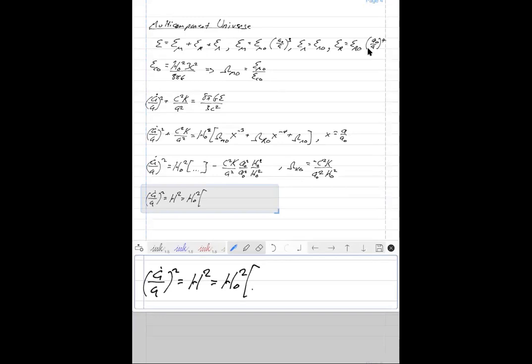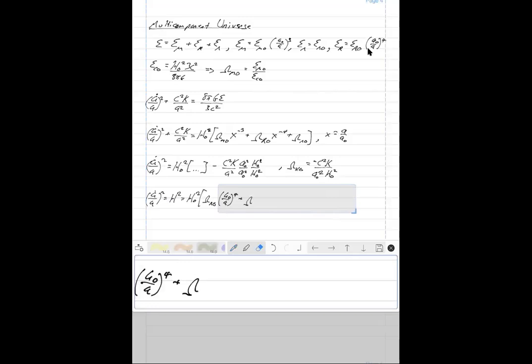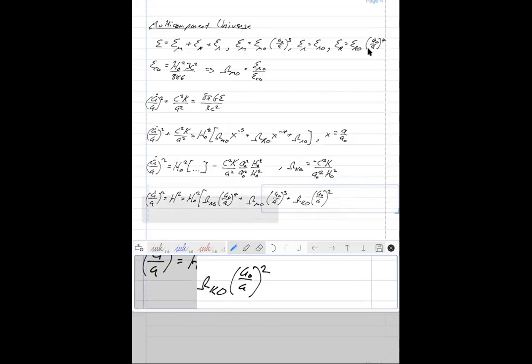And so we have omega r0 times a0 over a to the fourth, plus omega matter 0 times a0 over a cubed, plus omega k0 times a0 over a squared, and then plus the cosmological constant term in the bracket there.